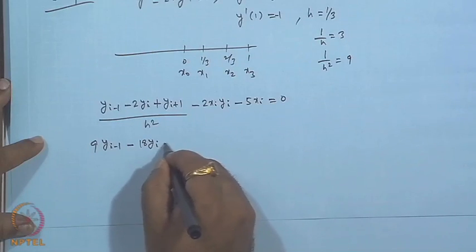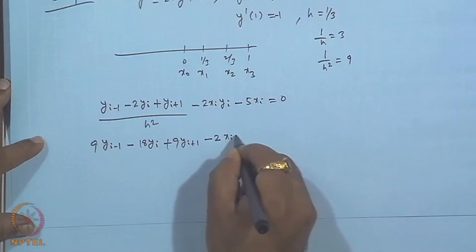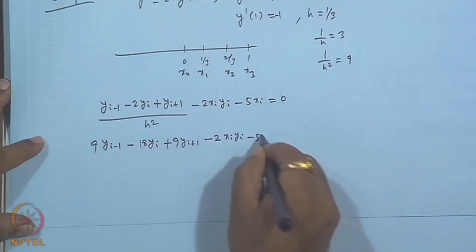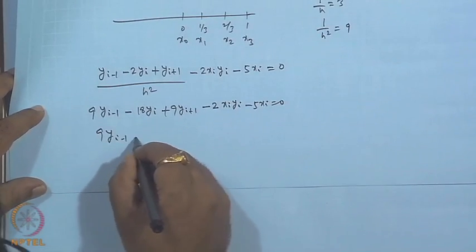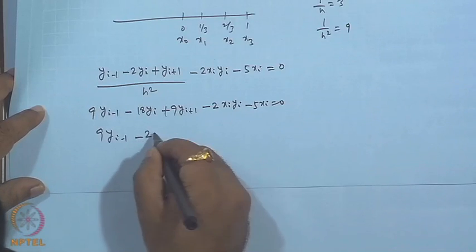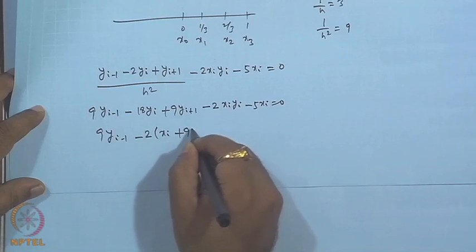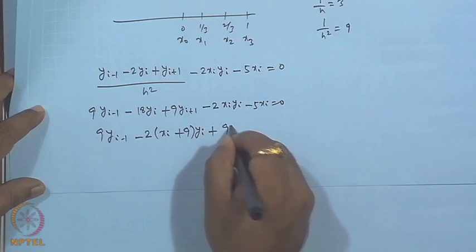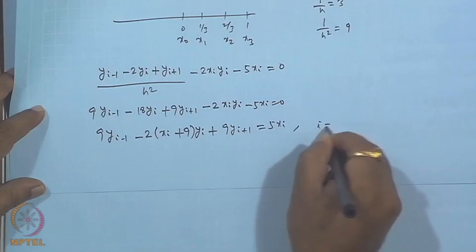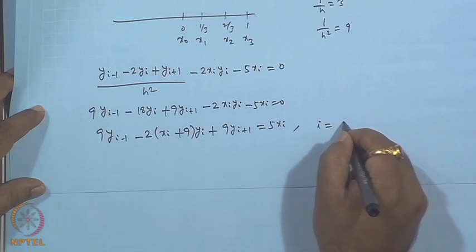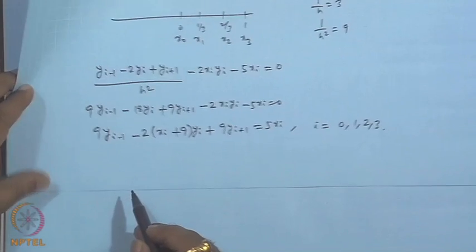18 y I so we have minus x I plus 9 y I so this must be run from I 0, 1, 2, 3. The reason is we have derivative boundary conditions.